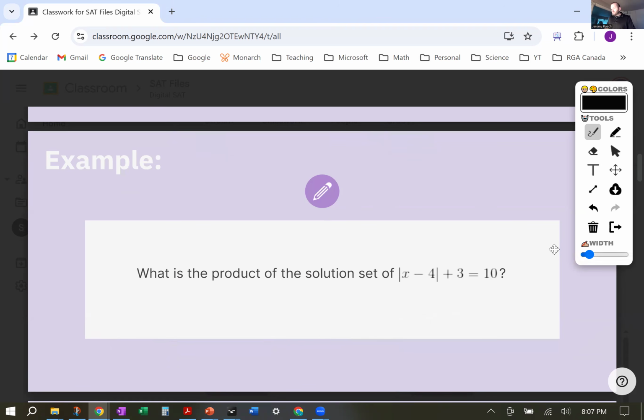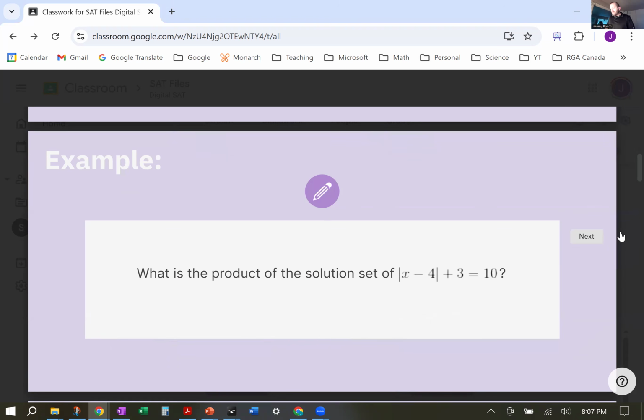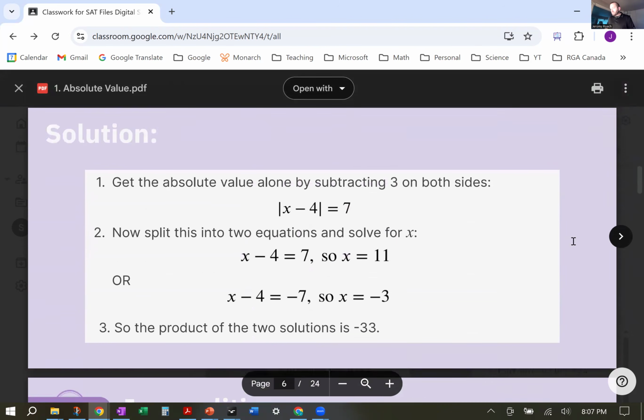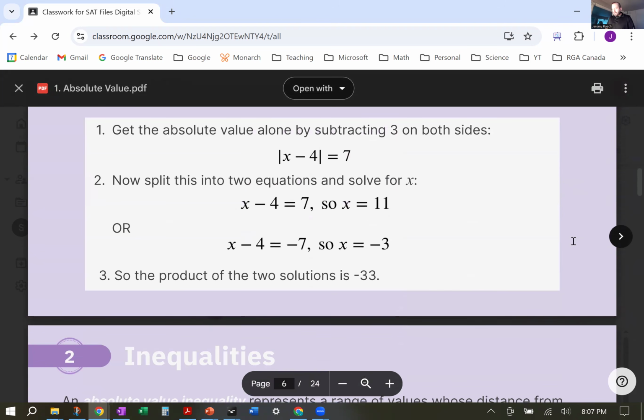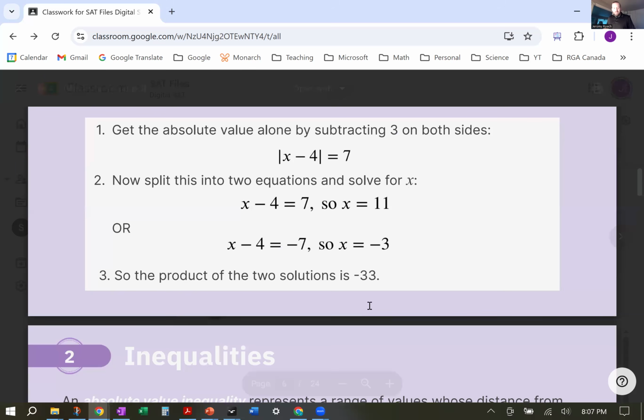Okay, moving forward, let's take a look at the next question here. So those are going to be our answers. And you always have to be careful to look at what the question is asking us to find. Is it asking us to find those two answers, or is it asking us to find something else?